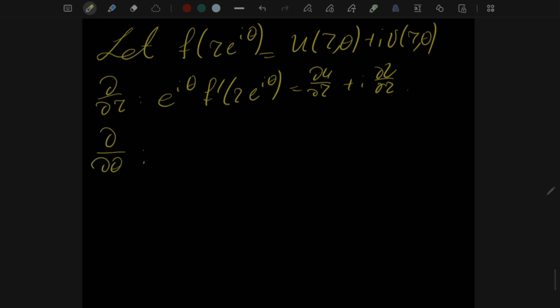When we differentiate by theta, on the other hand, on the left side we get r times e to the i theta, and yet again another i. So we get r times i e to the i theta. And everything else is the same.